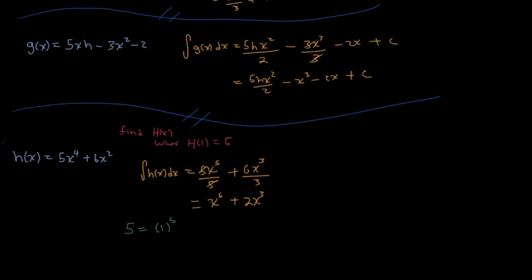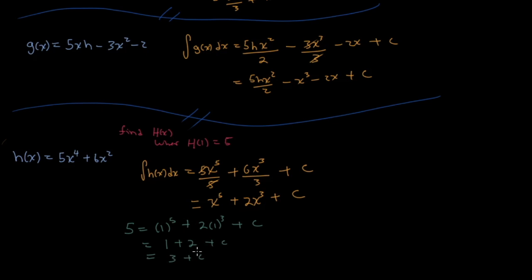Before continuing, I should make sure I include my plus c right there. Plus 2 times 1 to the power of 3 plus c. And this simplifies to 1 plus 2 plus c, giving us 3 plus c.